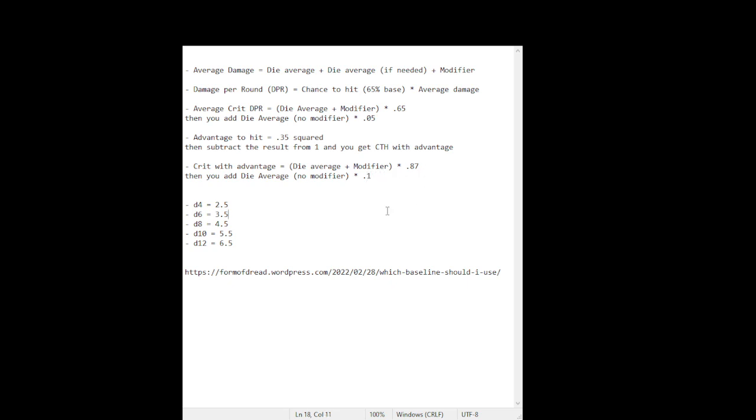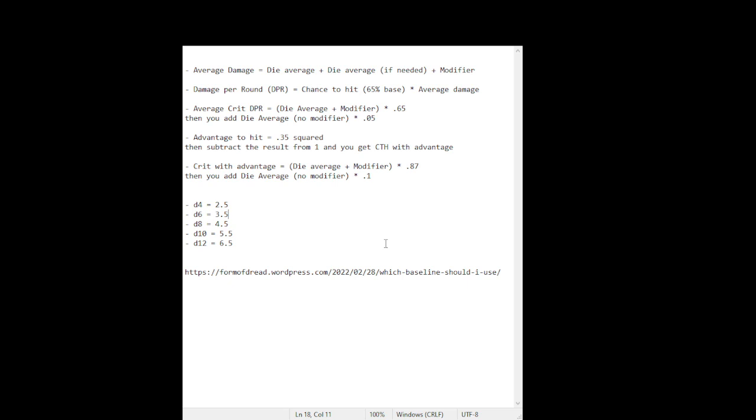So now what you do is the same thing. You take your die average, your modifier, or your average damage in this case, you multiply it by your advantage to hit, and then you take your average die and then multiply it by the higher number. And then you add that to the advantage damage, and that's how much you're dealing. So in general, that's how we calculate things.